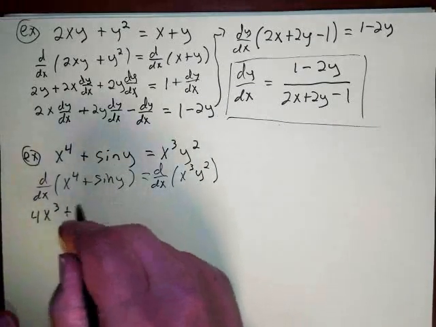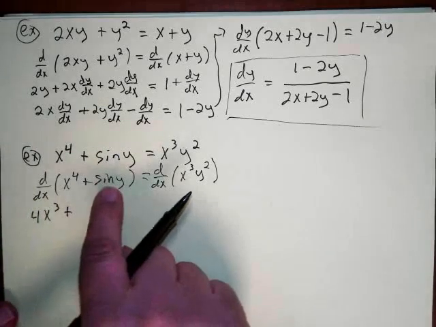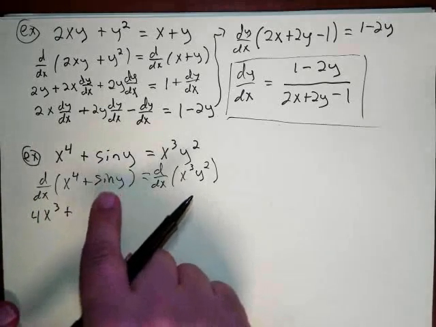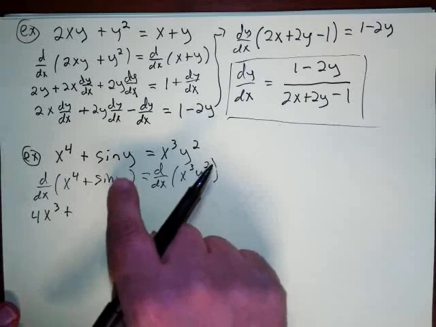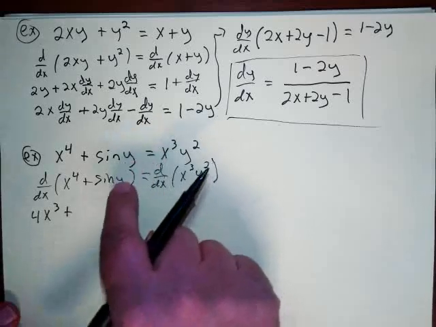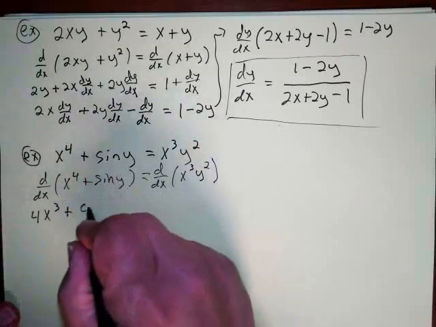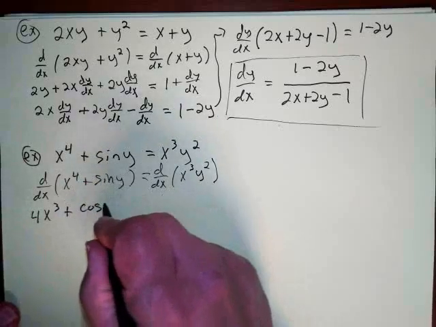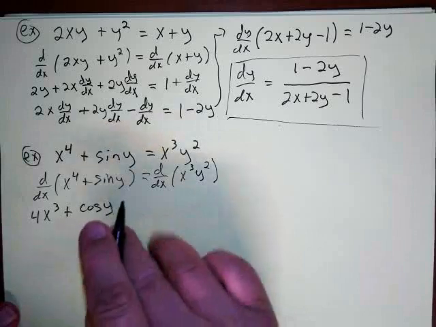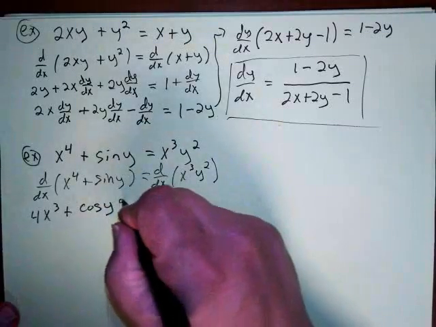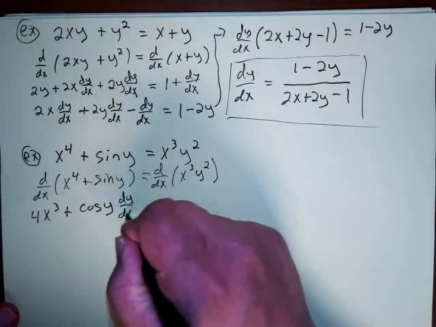And then taking the derivative of this, I'm treating the outside function as sine of something, and inside that something is y. So the derivative of the outside function is cosine evaluated at the inside function, which is y, times the derivative of the inside function, which is dy dx.